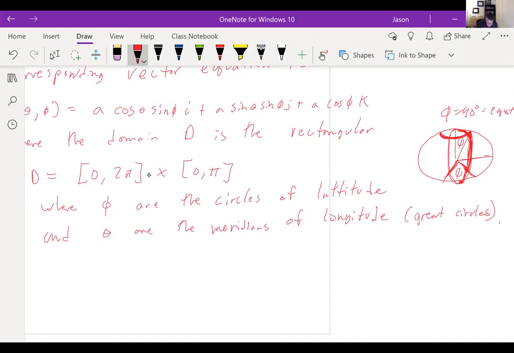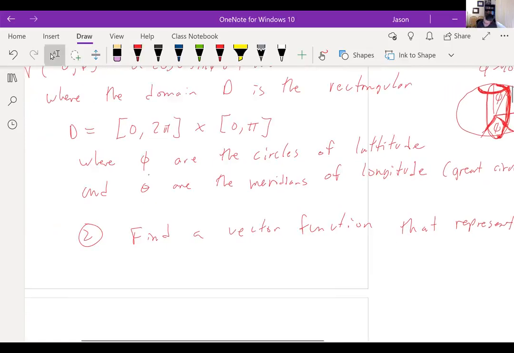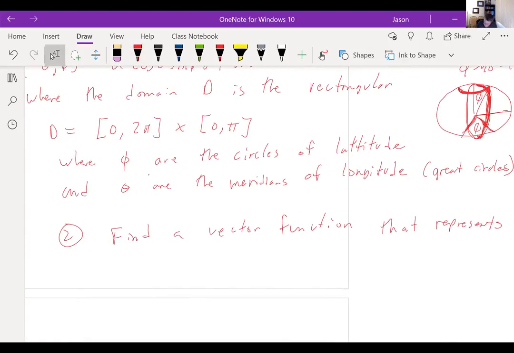Okay, number 2. Find a vector function that represents the elliptic paraboloid z equals x squared plus 2y squared.